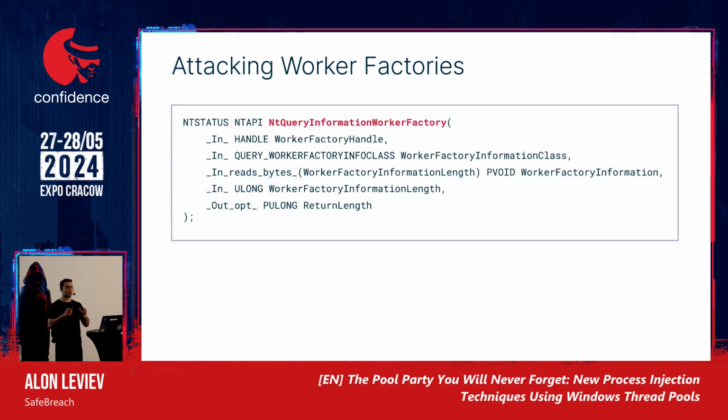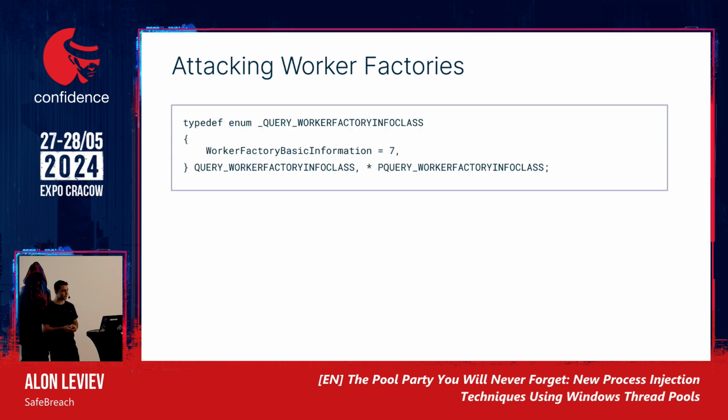So we need to find the target process's start routine value, and the query system call can help with that, right? Because it gets us information about the worker factory. It accepts a worker factory handle, an information class stating which information to query, and then an output buffer that the retrieved information will be written to. The only supported information class to query using the query system call is an information class retrieving basic information on the worker factory.